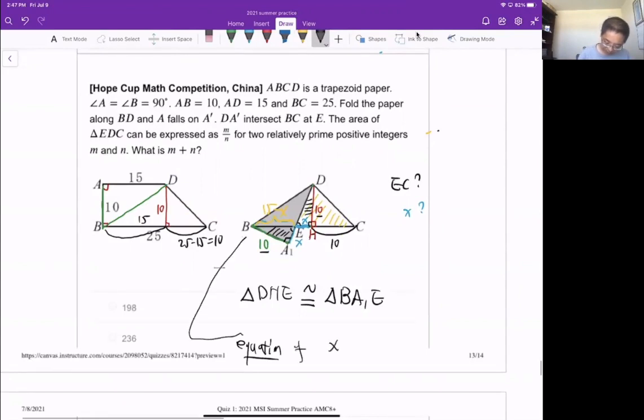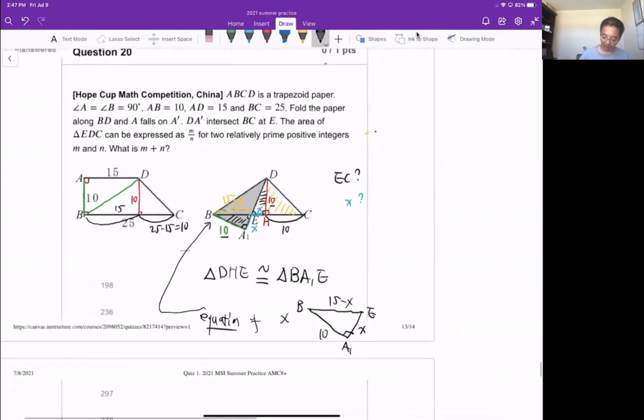We apply the Pythagorean theorem to the triangle BA'E. This is X, this is 15 minus X, and this is 10. So we get: 15 minus X squared equals 10 squared plus X squared.